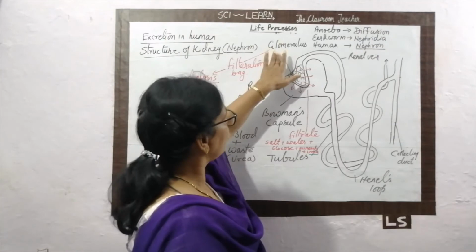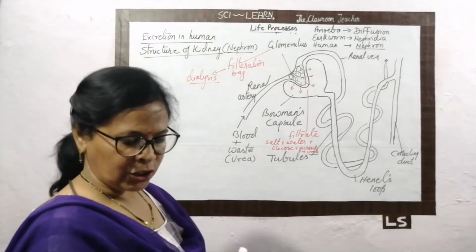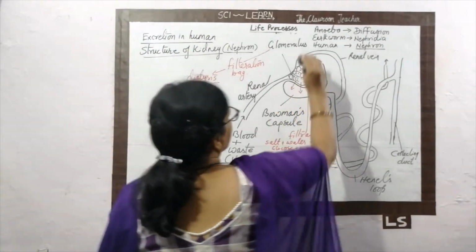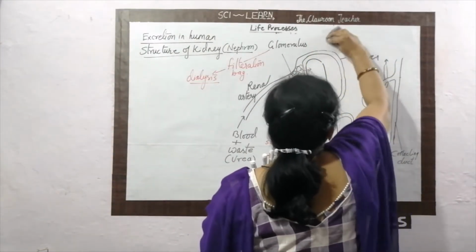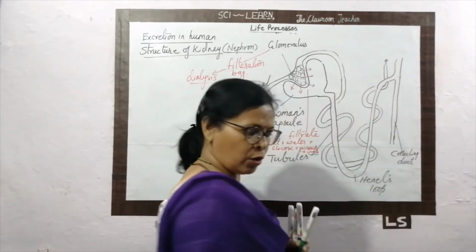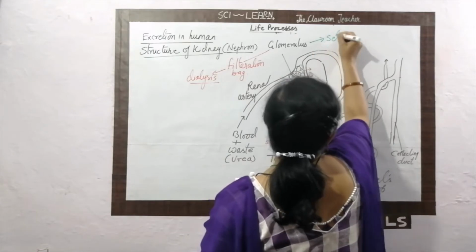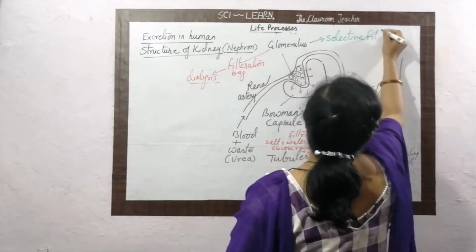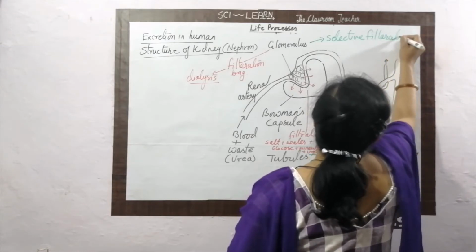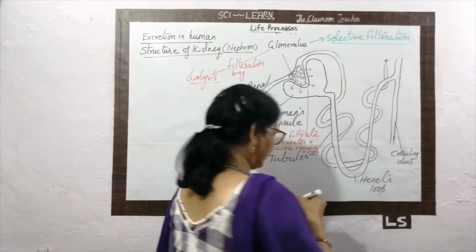The process performed by the glomerulus is called selective filtration.